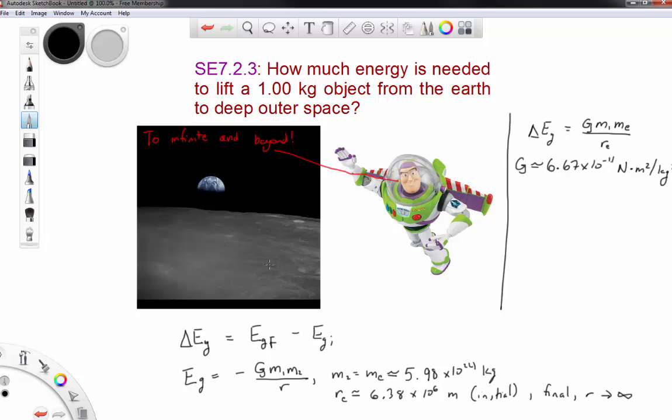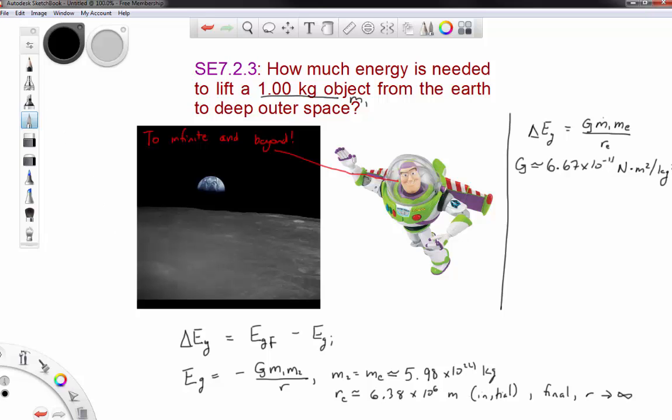So you basically end up needing to multiply your 1 kilogram object for mass m1. So this right here is mass m1 times this number times this number divided by this number.